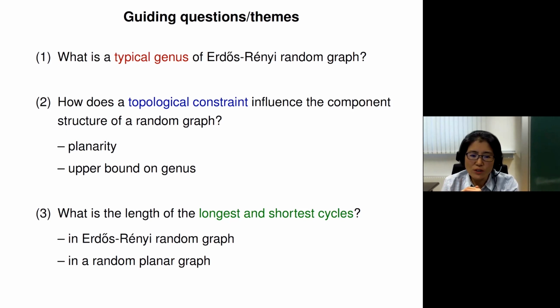The third question is the length of the longest and shortest cycles in the Erdős–Rényi random graph, the classical result, and in a random planar graph. To make life easy, I will just focus on the random planar graph later. So these are the guiding questions throughout the talk.